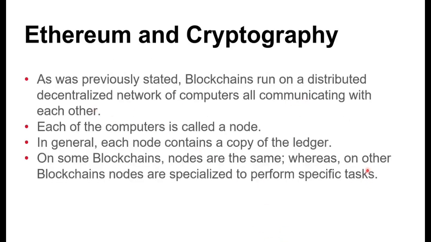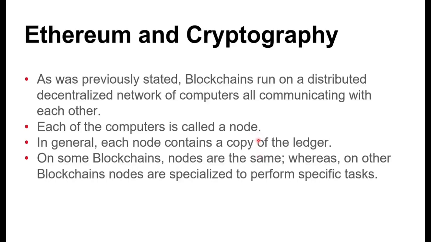As was previously stated, blockchains run on a distributed, decentralized network, and all computers or nodes are communicating with each other. Those computers, again, those hosts, are called nodes. And in Ethereum, all nodes are equal. They are all peers. There are no specialized nodes on Ethereum. That's not true on all blockchains.